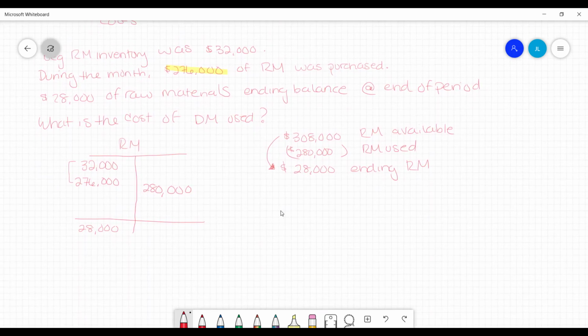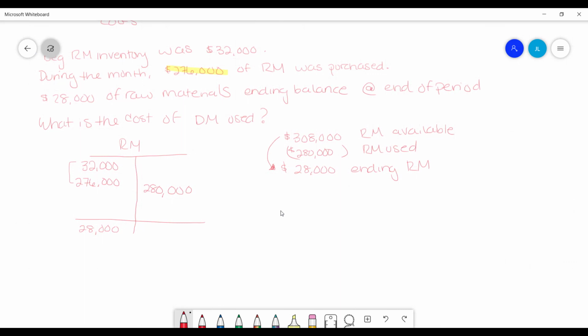And we can write this out just like we did explaining the product flows not too long ago. You can also write it out as follows. Beginning raw materials, in this case, it was 32, and this is if we don't use the T account, right? Plus raw materials purchased. That was 276. We add those together, remember, and that's the $308,000.